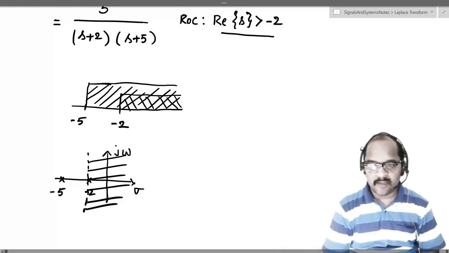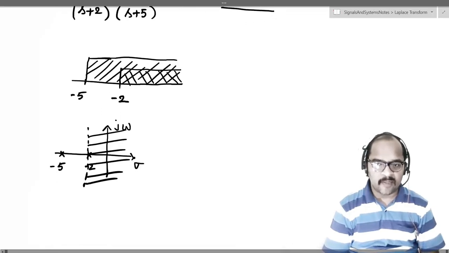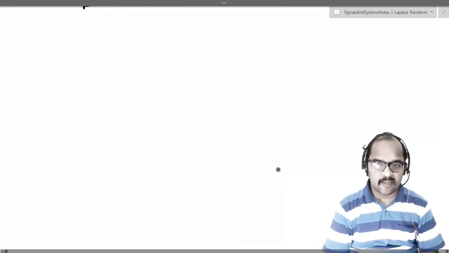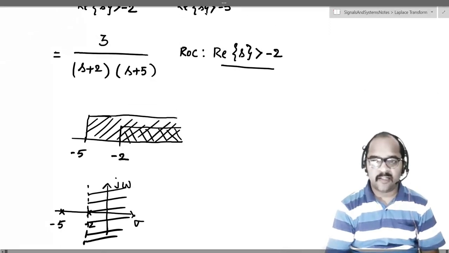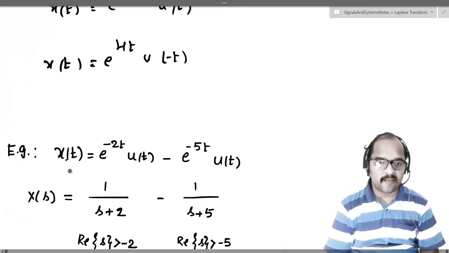Okay, now let us take the same example but with a little change. We will take that as the second example. Let me call this x2 of t, and the previous signal let us call x1 of t.